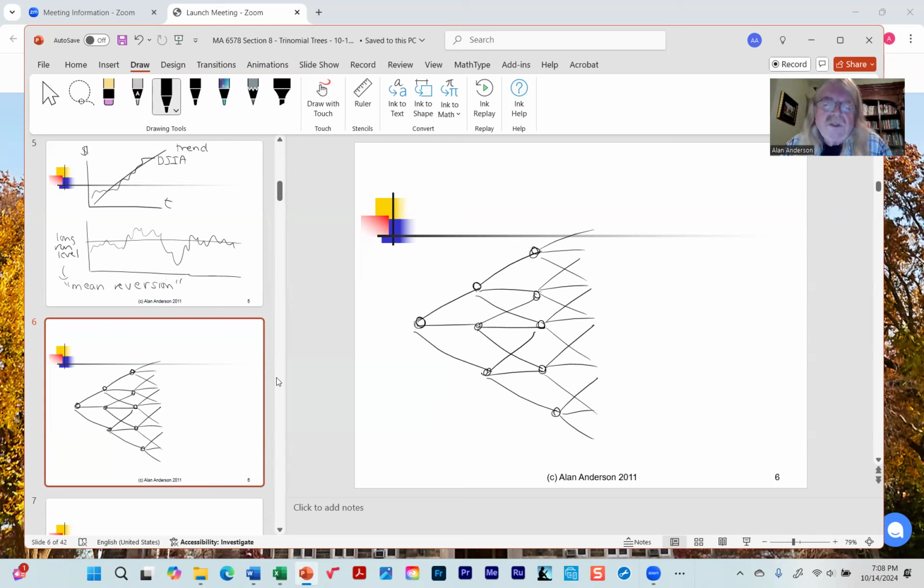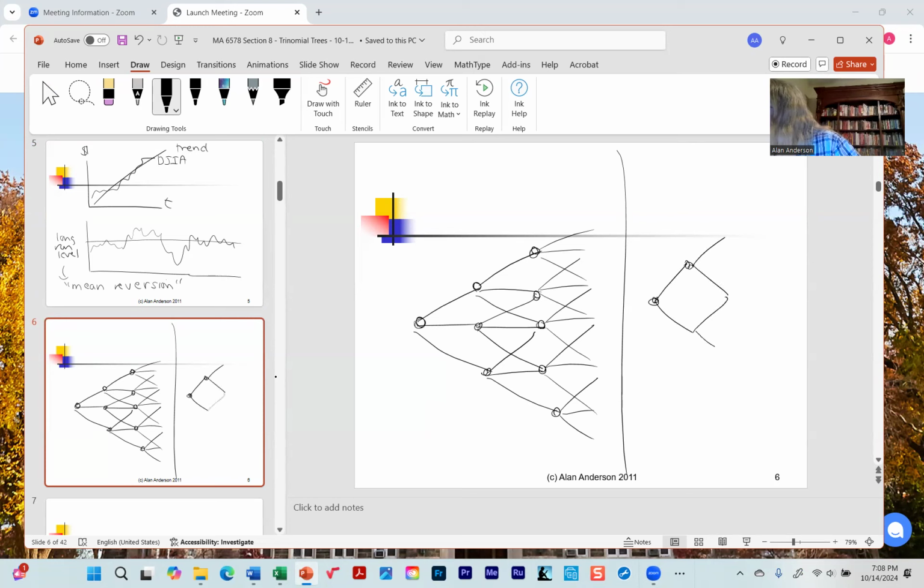I'll tell you why. One of the reasons is because unlike with the binomial tree, you can see that the branching structure is great, but it doesn't really lend itself well to storing this information in a matrix.